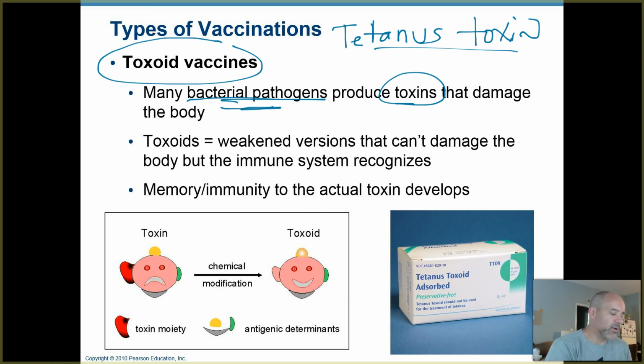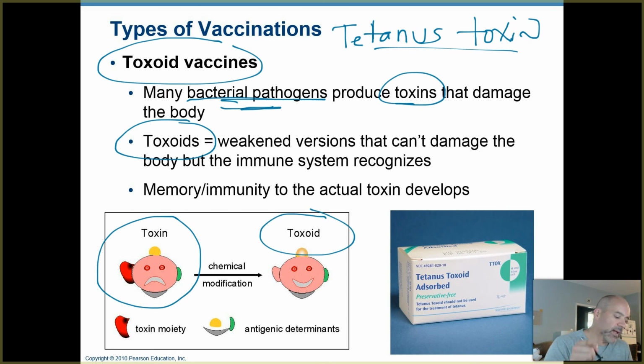So there are vaccines that are called toxoids. And basically what these are, I found this little diagram online. If that is an evil toxin that can damage you that's made by bacteria, a toxoid has been slightly modified so that it's no longer capable of damaging you in any way. But your immune system still sees this as the toxin. And what they're trying to show you, a toxin is a molecule.